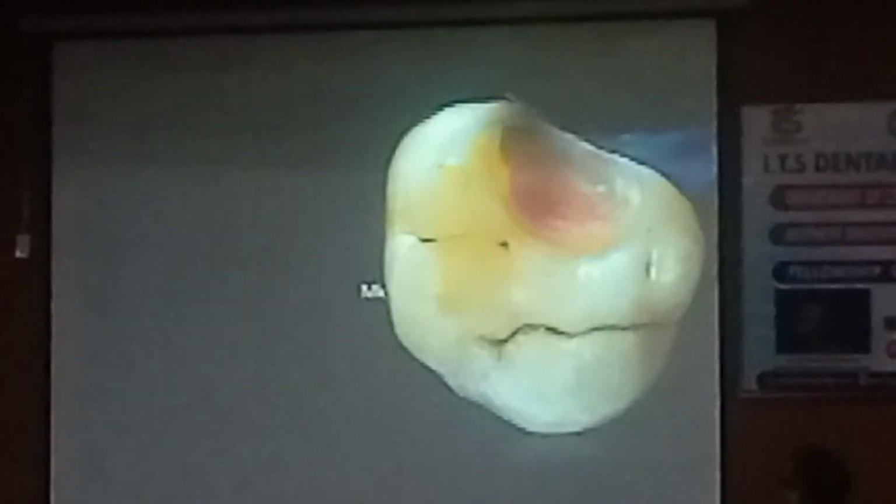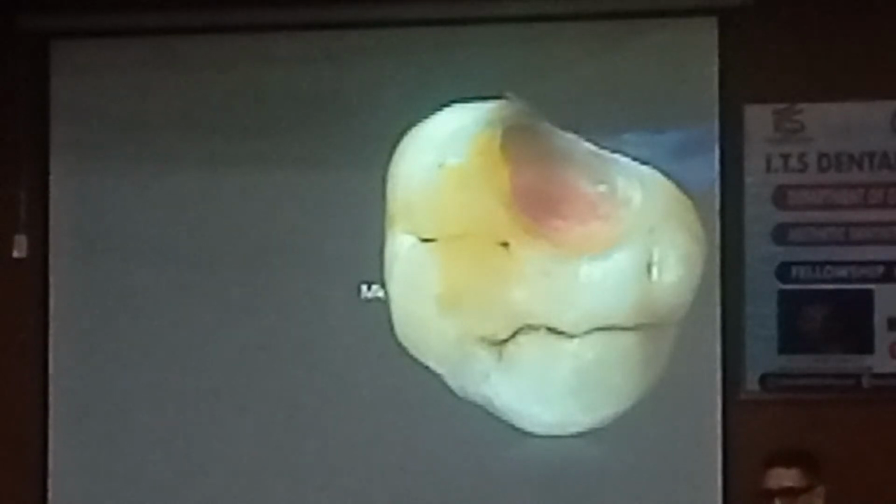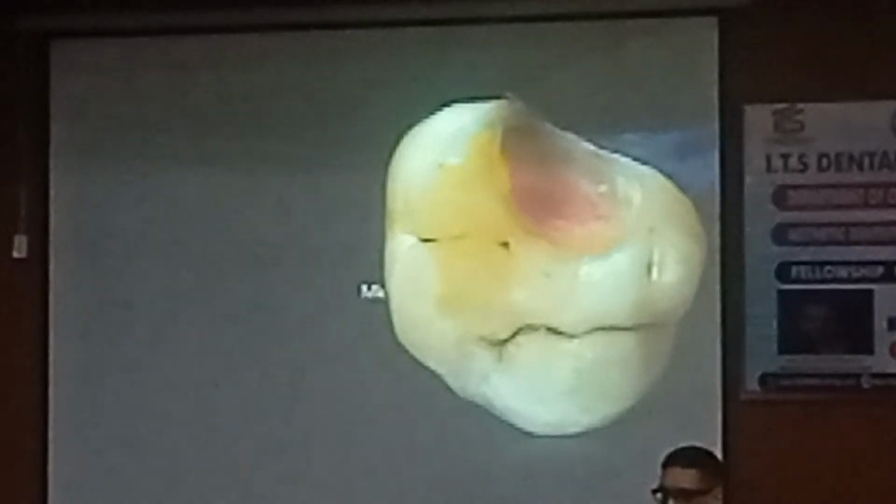Now, I have removed the cavity. Can you give me an option of restorations for this final restoration? First, let me know whether it is direct or indirect. We are taking indirect, obviously it will be indirect.